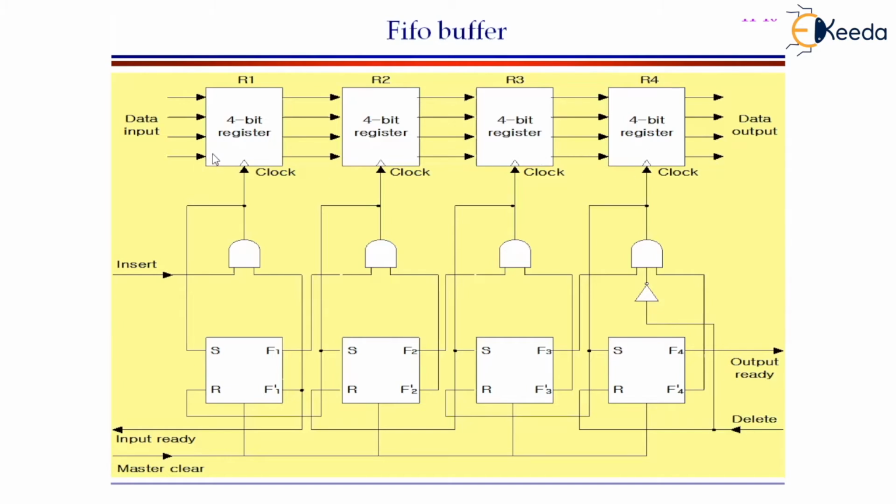Here it is shown that one register size is equal to 4 bits. The register size could be either 8 bits or 16 bits, depending on the word size within the CPU. But in order to keep things simple, we used a 4-bit register, and the total size of the buffer is just limited to 4 words.